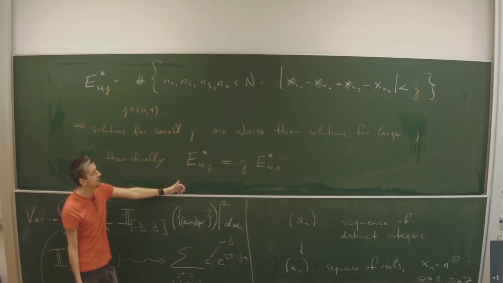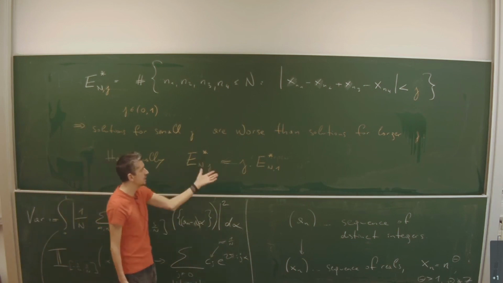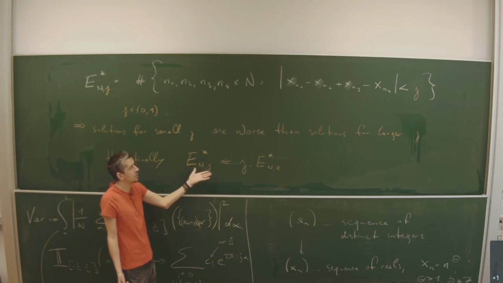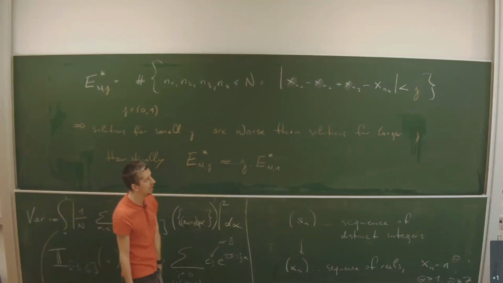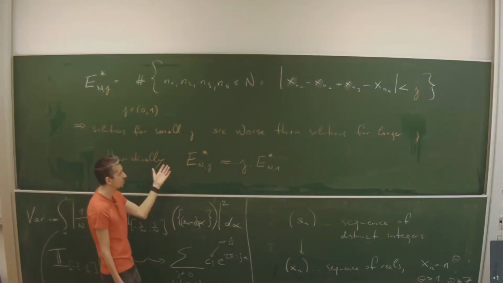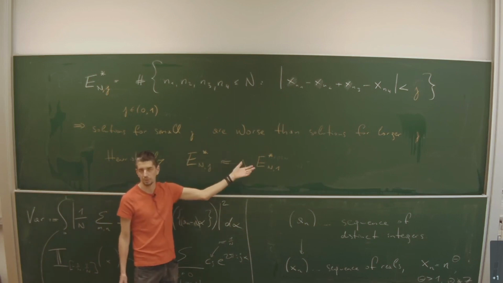And the point is, this is something that is totally new in the real number setup. So if you start with integer sequences, you cannot see anything like this because, as I said, every solution for something smaller than 1 is a solution for gamma equals 0, or not arbitrarily close to 0. So you don't see any regularity of this type at all.